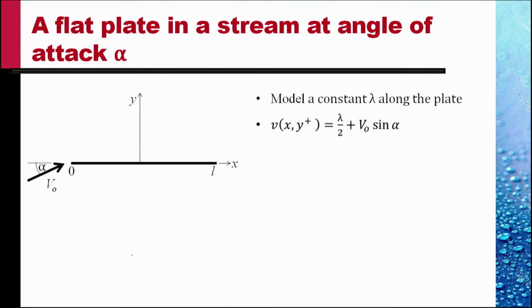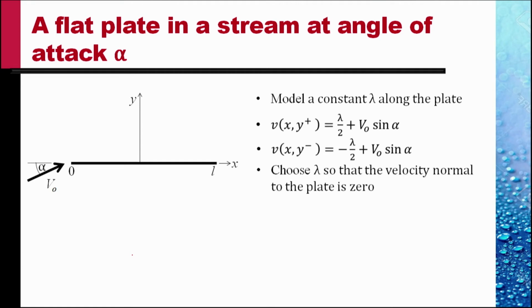So V at y plus, a point slightly above the plate, is lambda by 2 plus V naught sine alpha. The contribution because of the panel, plus V naught sine alpha, is the contribution to the vertical velocity above the panel because of the uniform stream. And V slightly below the plate would be minus lambda by 2 plus V naught sine alpha.